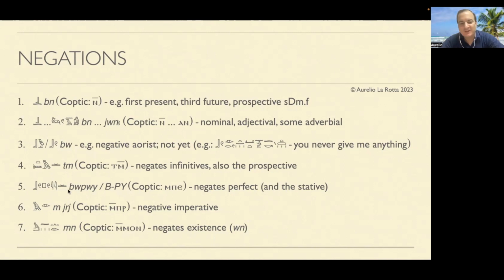So it would be bwpef for him, bwpes for her, bwpi for I, etc. And that again lives on just like that in Coptic. And if the sentence you want to negate would have a stative in it, you also use this to negate it. No, you don't slap that in front of the stative, but basically you replace the stative by the negative perfect construction. We'll cover that eventually, but I wanted to have it on the map already.